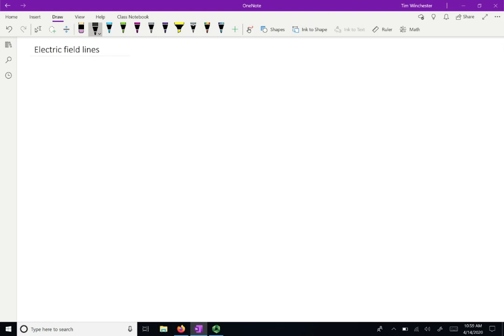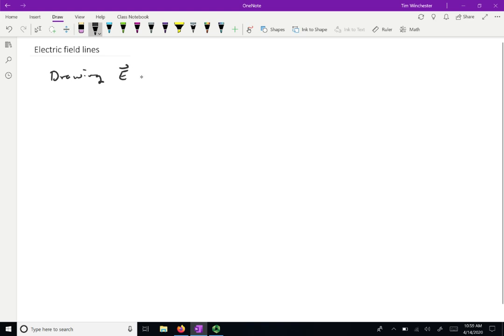All right. So up to this point, we have seen that we can draw electric field vectors in the region of space around some charges, but the process of doing that is pretty laborious and it's pretty messy. So what we'd like to do is improve that process if we can.